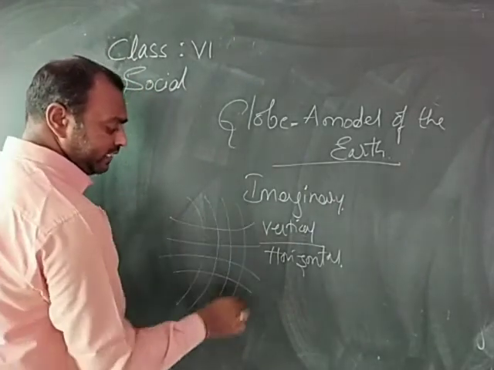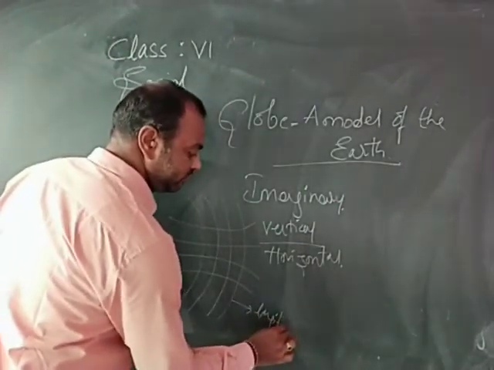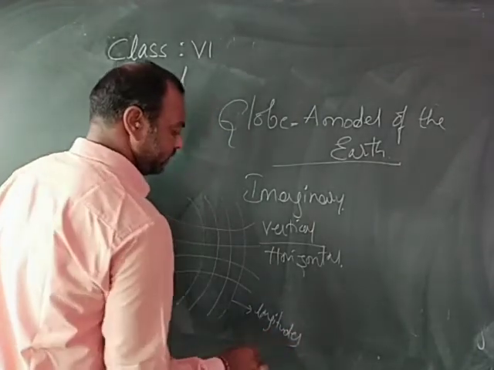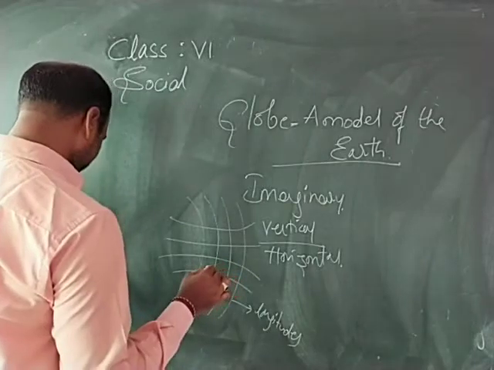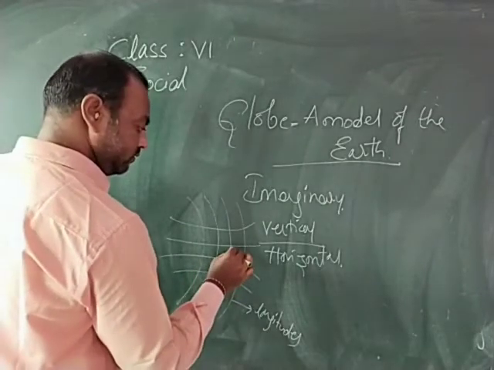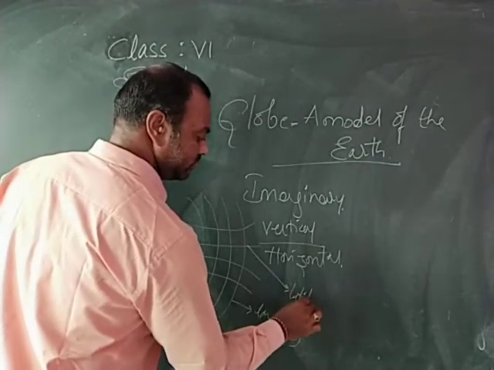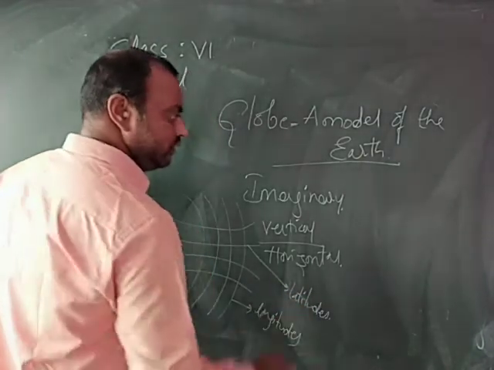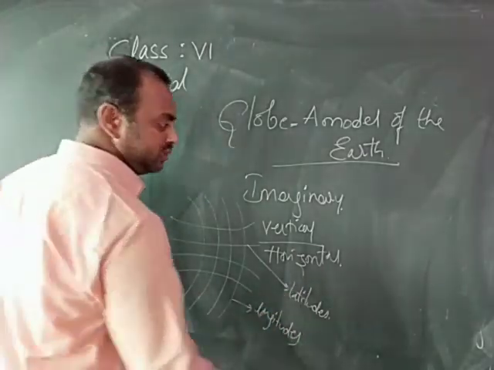Children, these vertical lines are called longitudes, whereas these horizontal lines are called latitudes. Today we learn in detail about latitudes and longitudes.